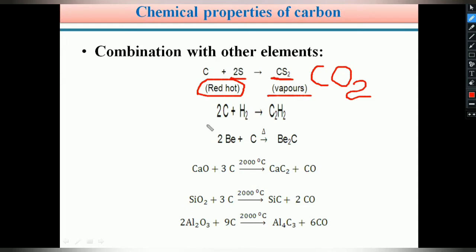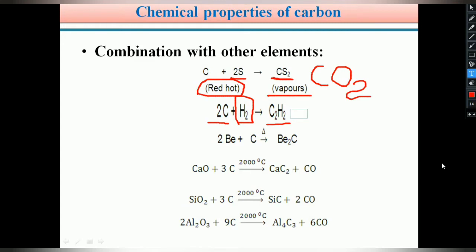Similarly, if an electric arc is struck between carbon electrodes and H2 gas is supplied, it forms C2H2. Students, we know the name of C2H2. We already learned in the chemical bonding lesson: CH4 methane, C2H6 ethane.